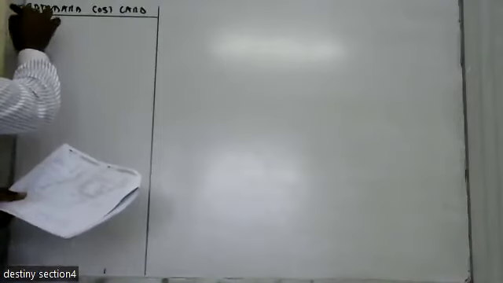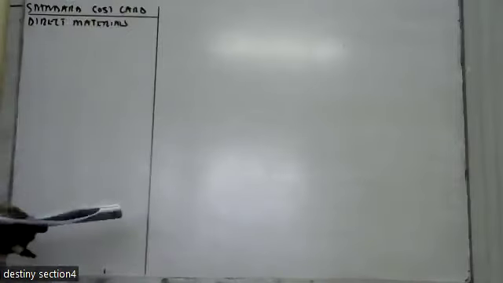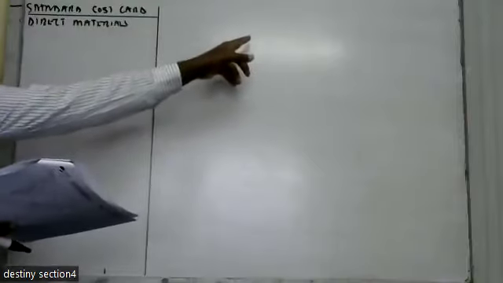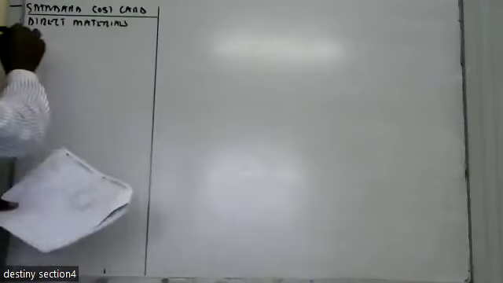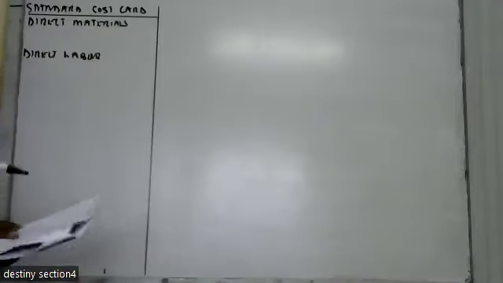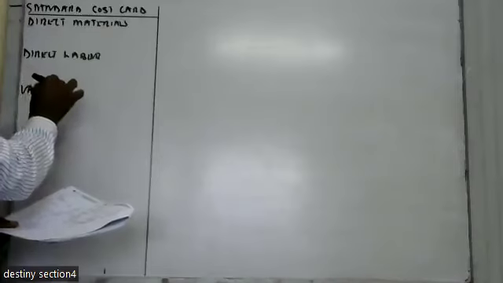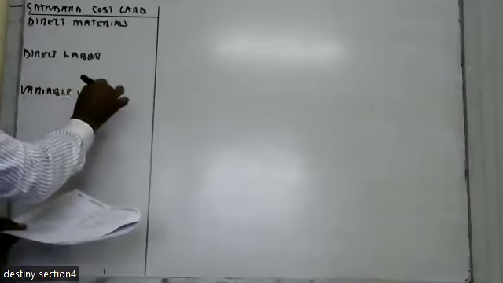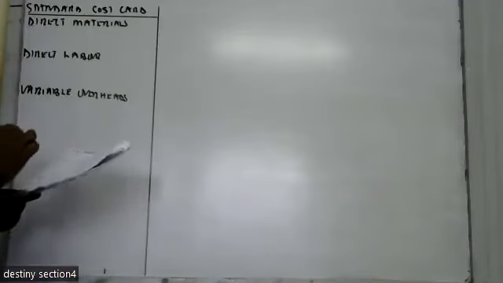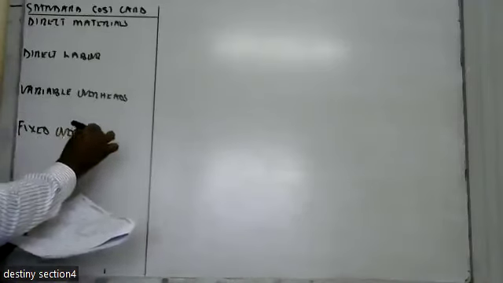So write first, direct materials. You leave that space because we will come to put workings there. The next one that will be there is direct labor, just like the other one we were reading. The next one is variable overheads. The next one is fixed overheads. And then the total.